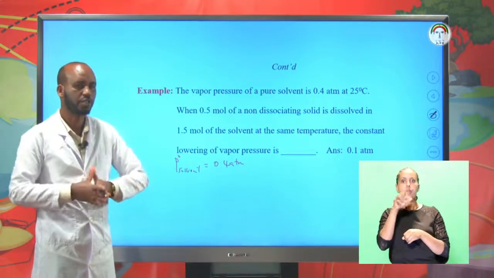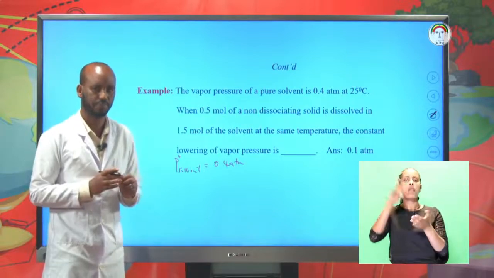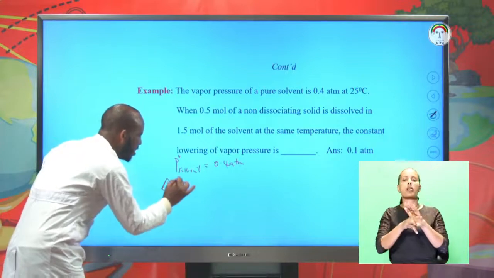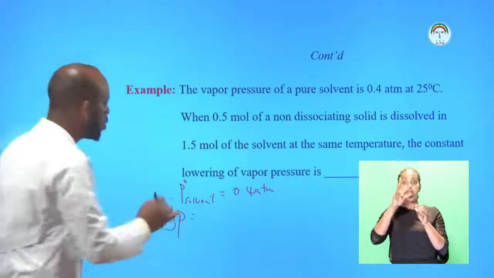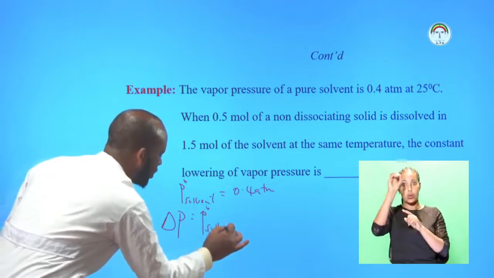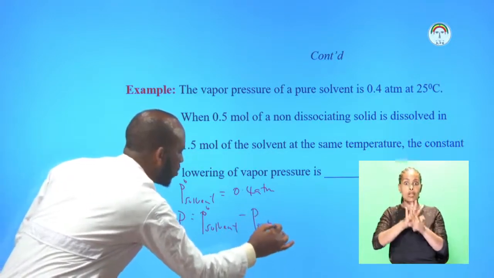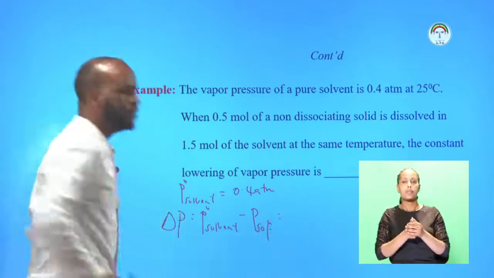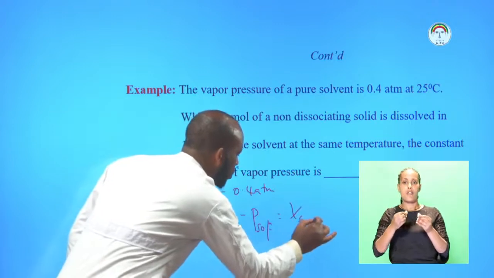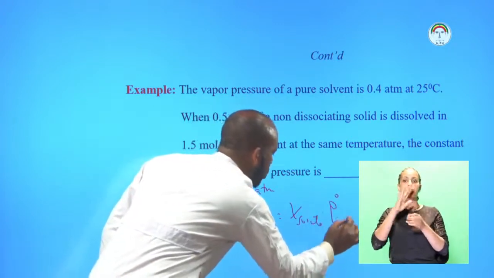You are asked to calculate lowering in vapor pressure, delta P. Delta P equals vapor pressure of pure solvent, P naught of the solvent, minus vapor pressure of the solution, equals mole fraction of the solute times vapor pressure of a pure solvent, P naught of the solvent.